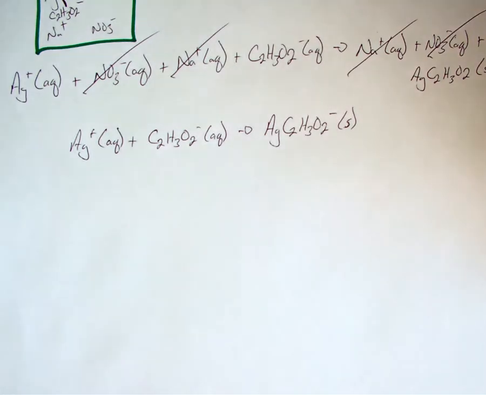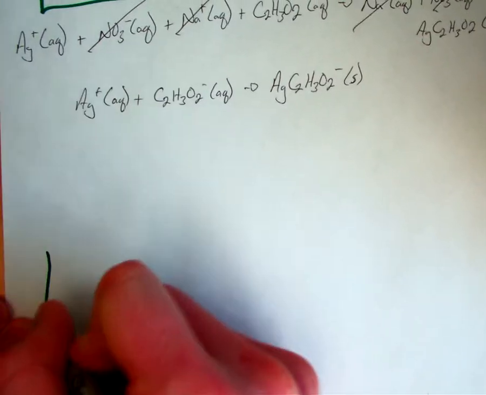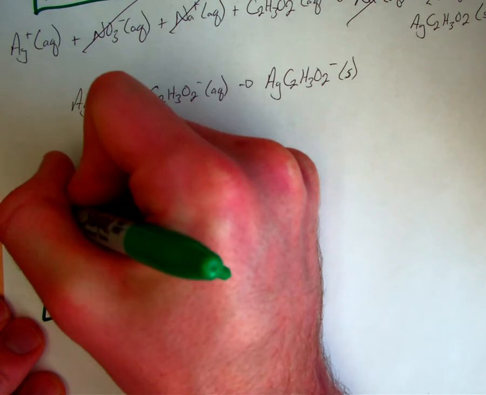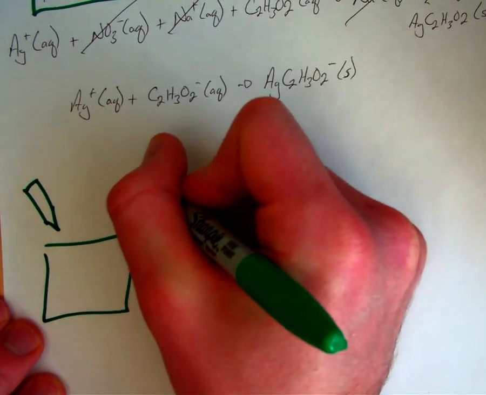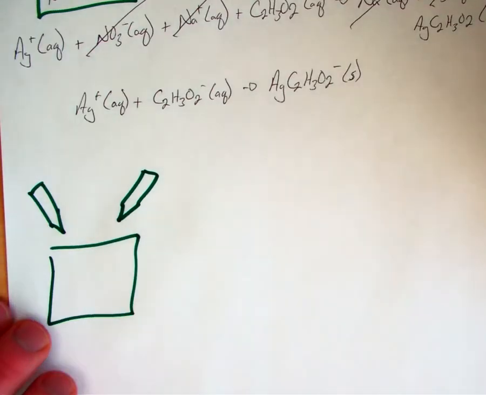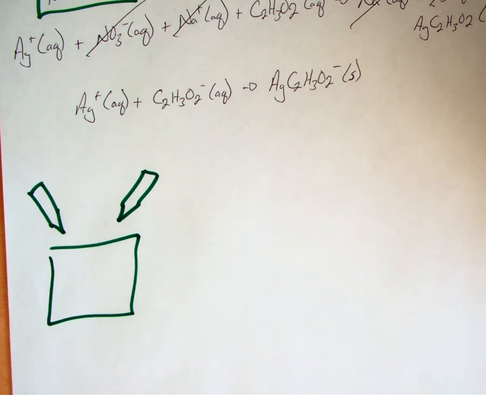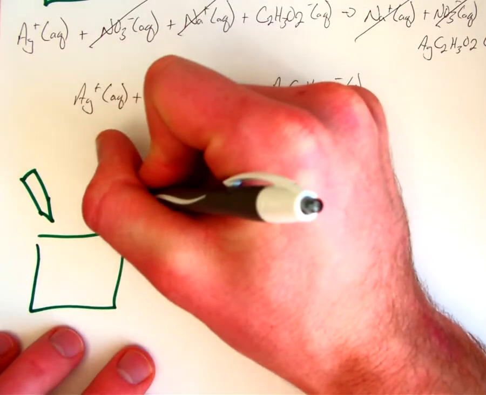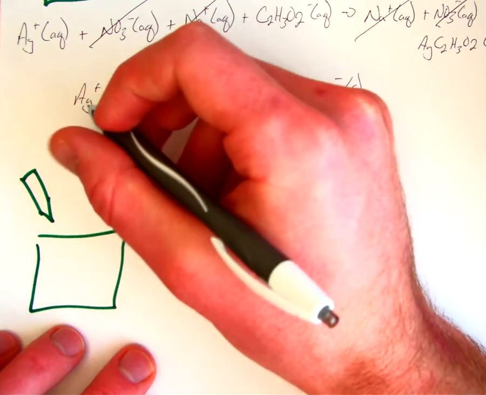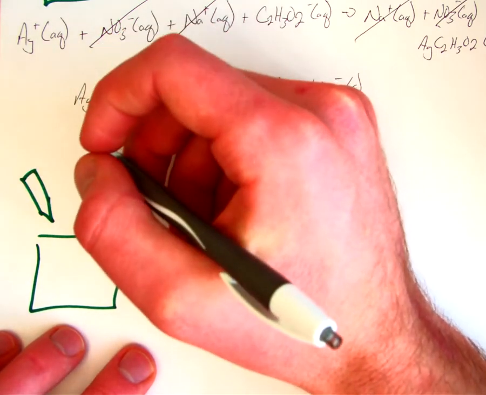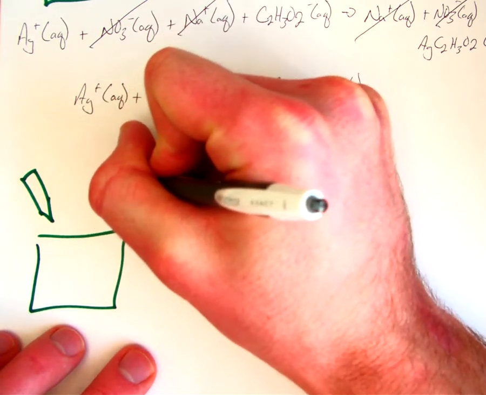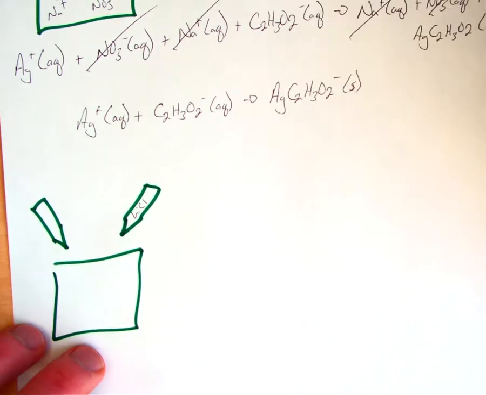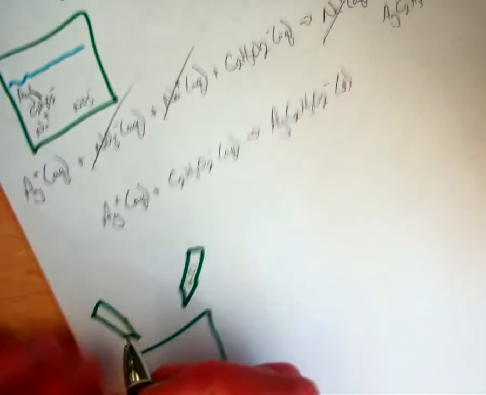All right, last one that we're going to take a look at is this beaker here, and we've got a couple of dropper bottles, meaning that we're going to mix an aqueous solution with each of them, and we're going to add lithium chloride with calcium bromide.